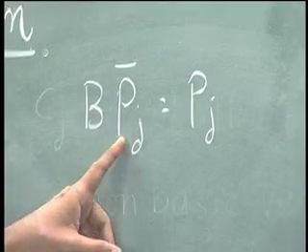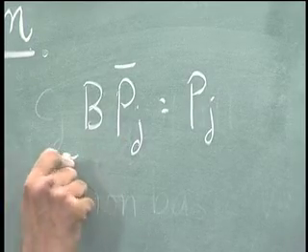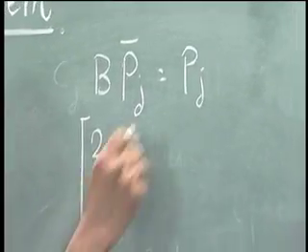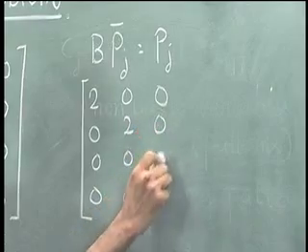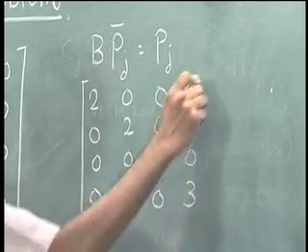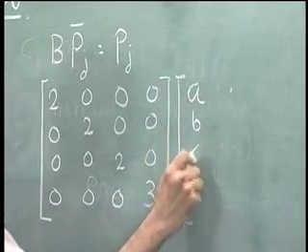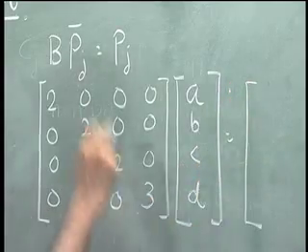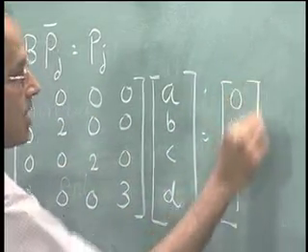So, let us call p bar j as a, b, c, d, so that B, which is given here, 2 0 0 0, 0 2 0 0, 0 0 2 0, 0 0 0 3, into a b c d is equal to p j, which is 0 0 2 and 1.